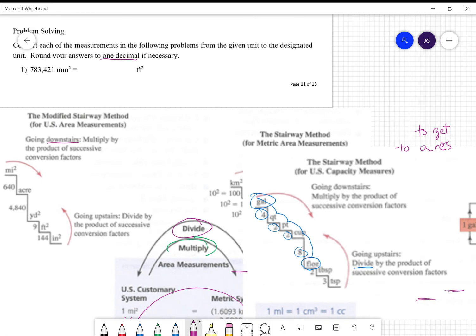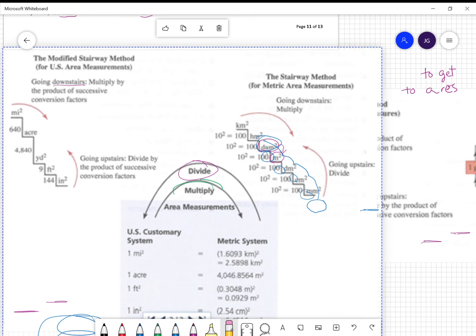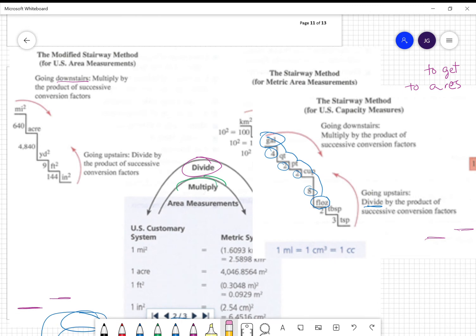So I have 783,421 millimeters squared to feet squared. So I'm going to use area, and I'm going from metric to English, so I will have to use my middle table. I'm starting at millimeters. I want to get to feet. Okay, so here's my area. Let me erase all of this. All right, let me get this capacity out of the way.